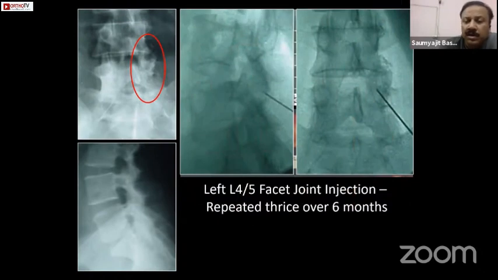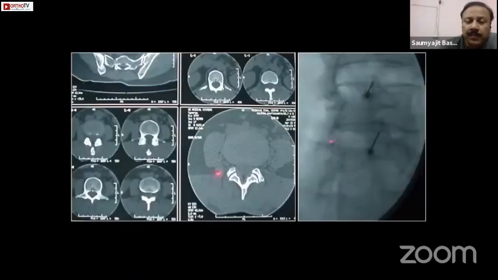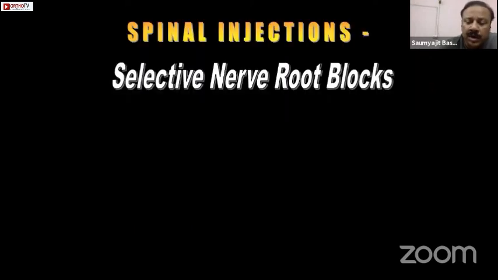A typical facet joint block would involve bilateral L4-5 and L5-S1, but in this patient, as there was unilateral pain with one facet joint being the pain generator, this was good for diagnostic purposes. We did inject her thrice, and she got quite good relief of pain.